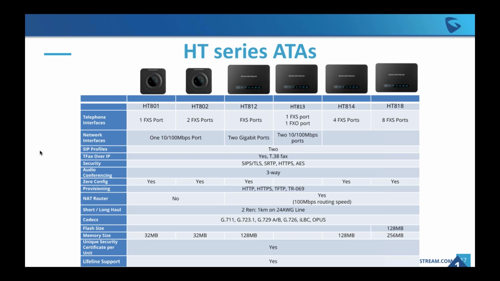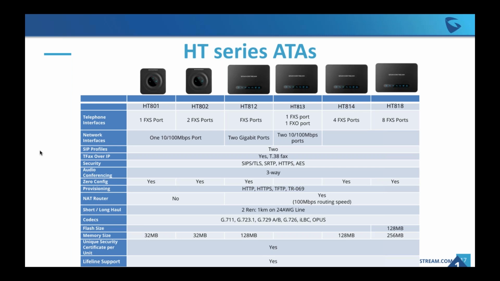The HT801: one FXS port, 1 gigabit port. The last number in the model, just like the UCMs, tells you how many FXS ports it has, except for the HT813, which is a hybrid model, which is why we gave it the 13.